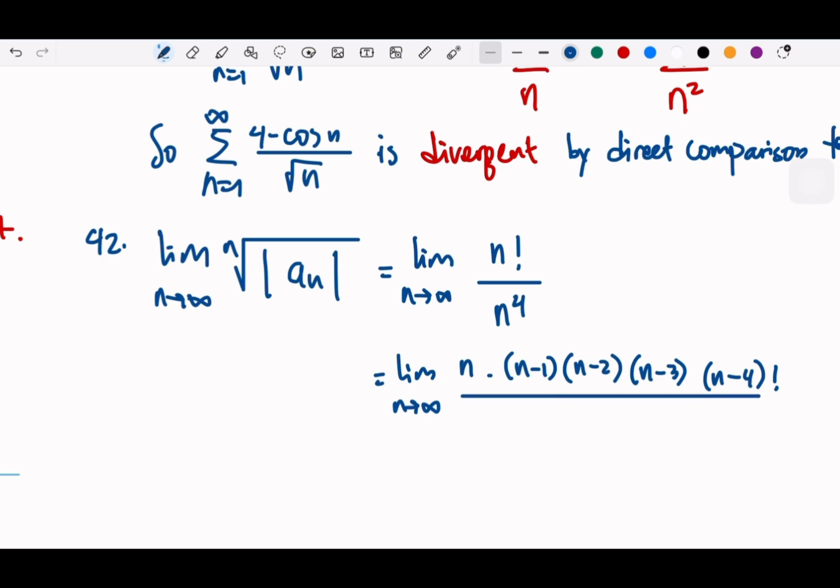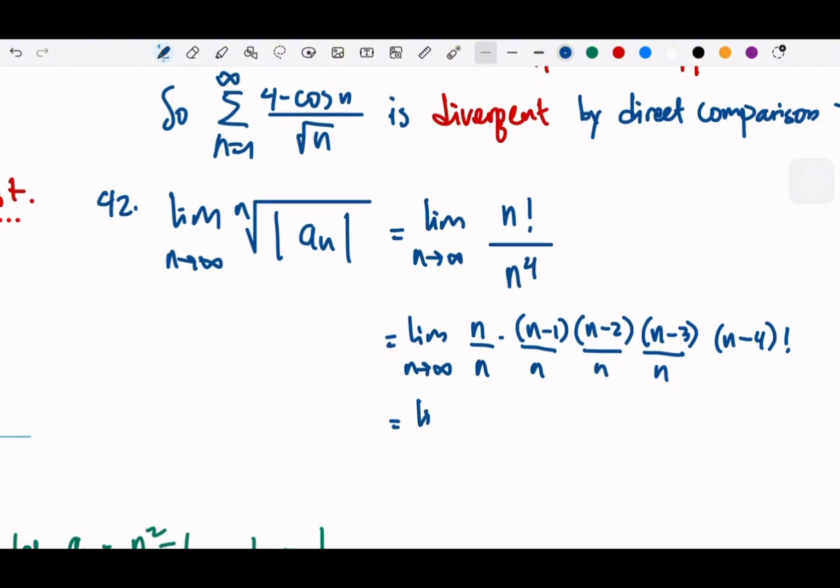And I want to make sure that this is n with power of 4, but I will write this as each of this component. It's n with power of 4, so n multiplied with n multiplied with n, 4 times.